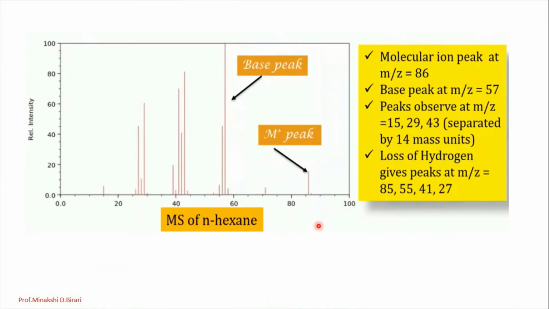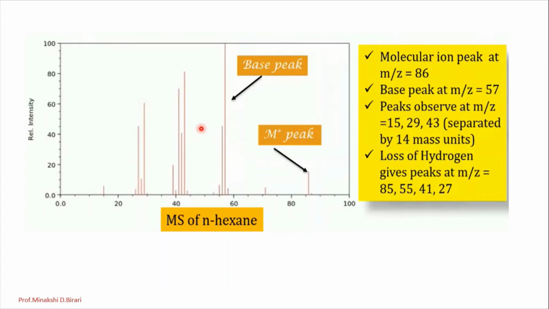As we have already studied the fragmentation observed in n-hexane, there is formation of methyl cation, ethyl cation, propyl cation, butyl cation, pentyl cation, etc. The first peak observed is the molecular ion peak at m/z 86. Then the base peak, the most abundant peak, is at m/z 57.